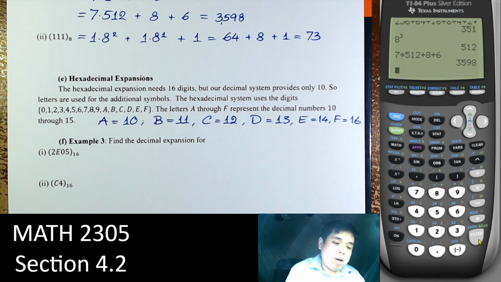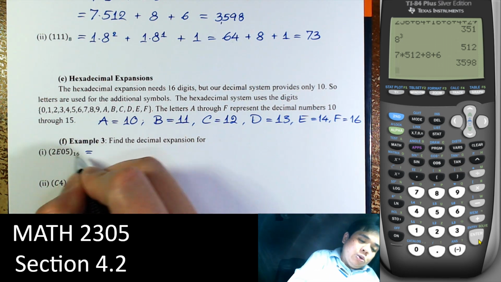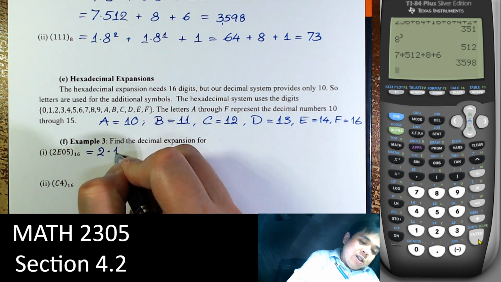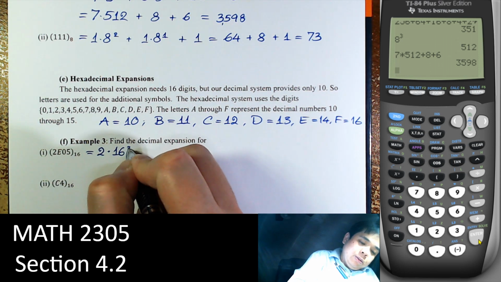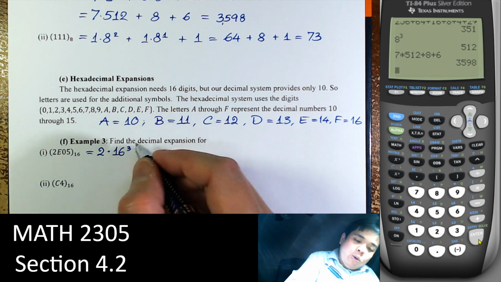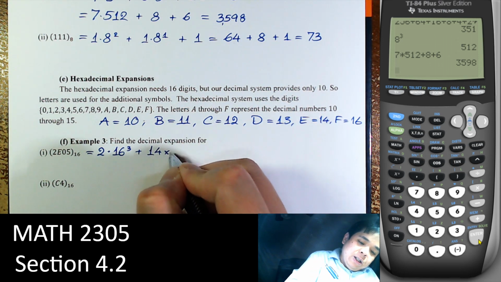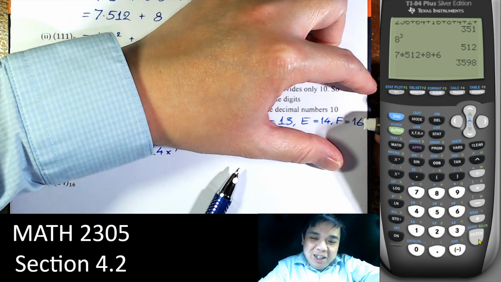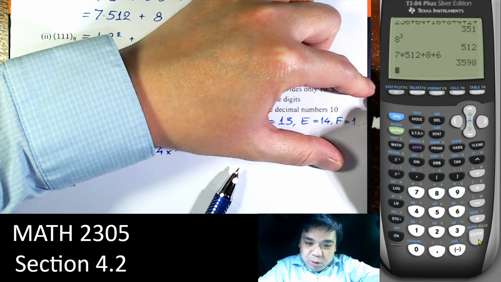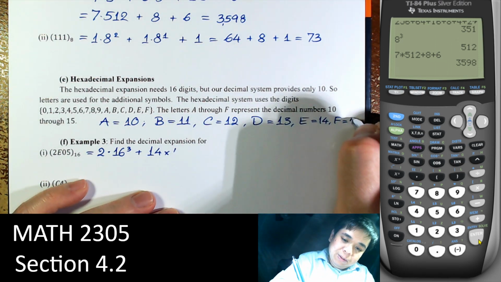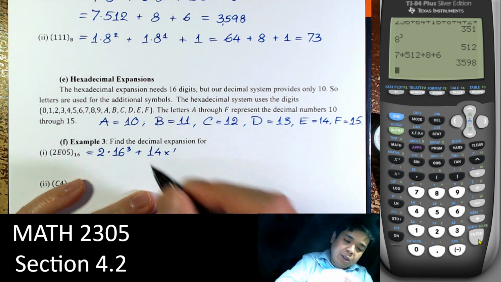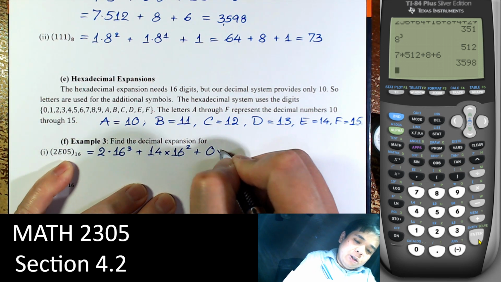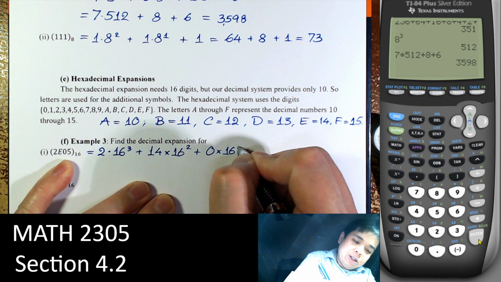Find the decimal expansion for this. Right, so we're just going to use positions 0, 1, 2, 3: 3 times 16 cubed plus E, which is 14. The last one is 15, sorry. It's base 16, so the digit is not going to be equal to 16. So 14 times 16 squared plus 0 times 16 to the first plus 5.